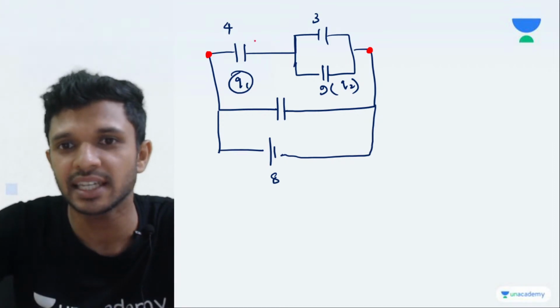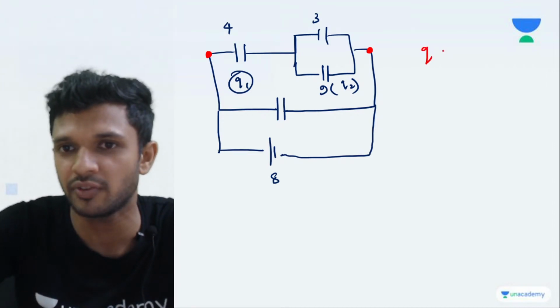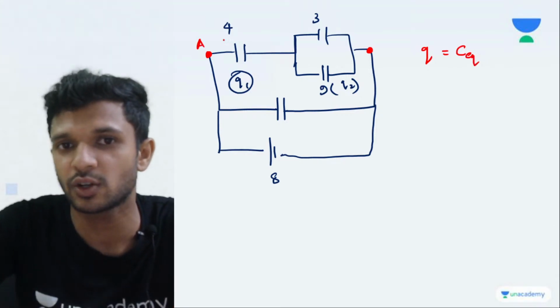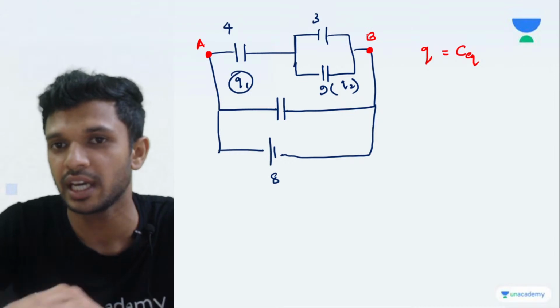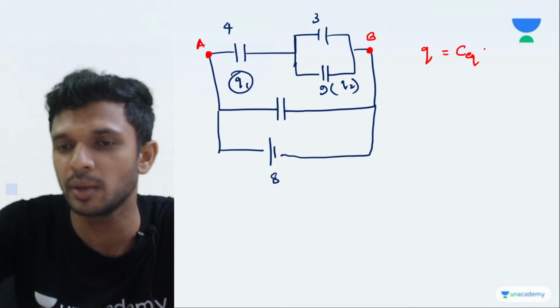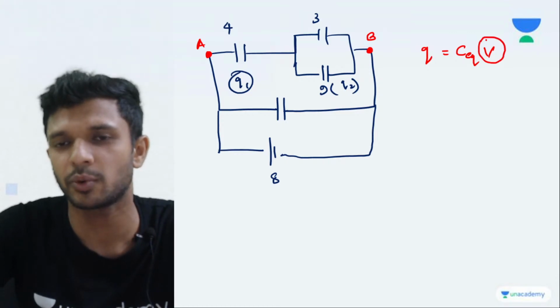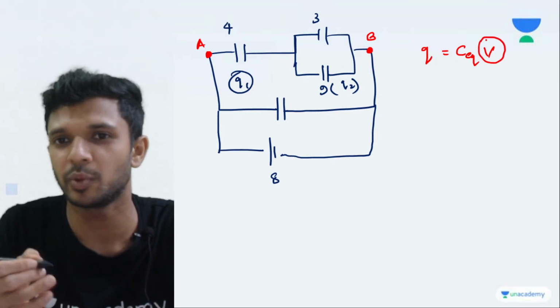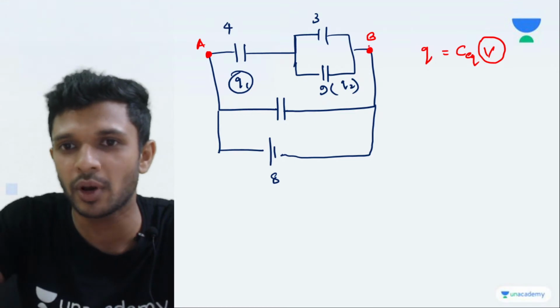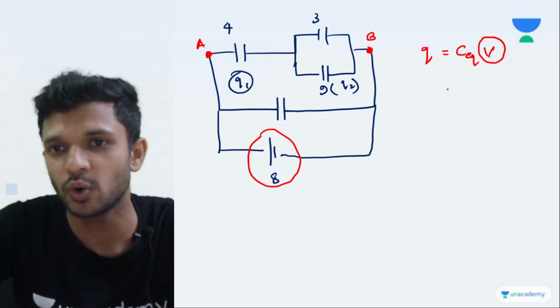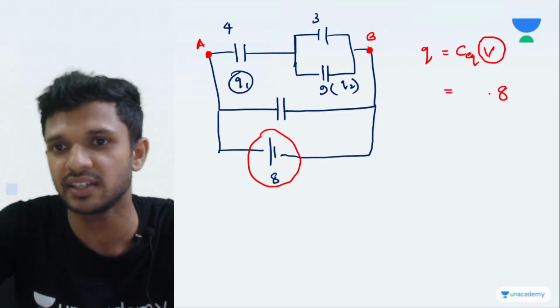The total charge across these points Q can be found out as the total capacitance across the points, let's call the points A and B, into total potential across them. Is finding the potential across the points A and B a big task? बिल्कुल नहीं. देख ले, across the points A and B, what is the potential being applied? It is 8. So it is not a big task. Put it as 8 here.